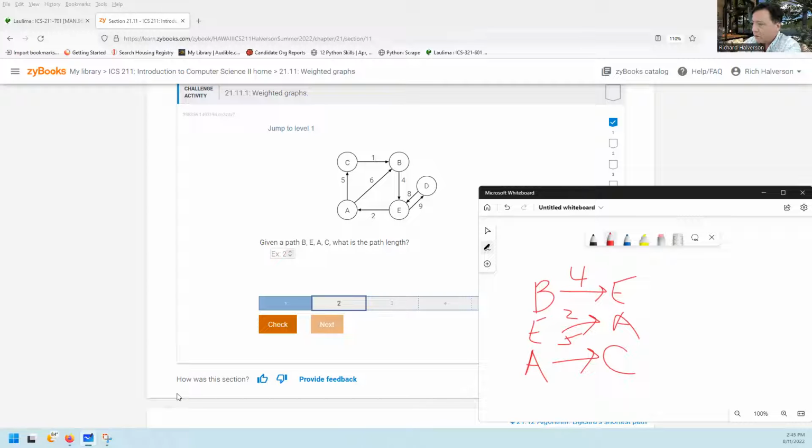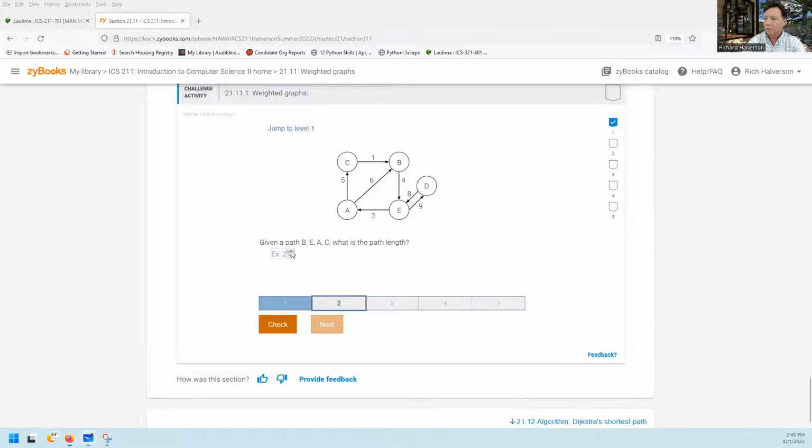So that would be 4 plus 2 is 6, plus 5 is 11. I think that's the answer.